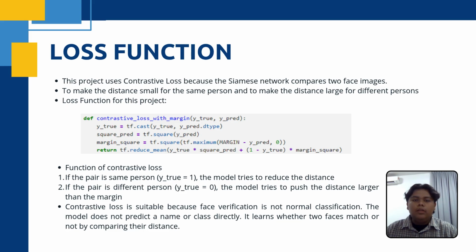Finally, the average loss is calculated to update the model during training. This contrastive loss is suitable because face verification is not normal classification. The model does not predict a name or class directly. It learns whether the two faces match or not by comparing their distance.